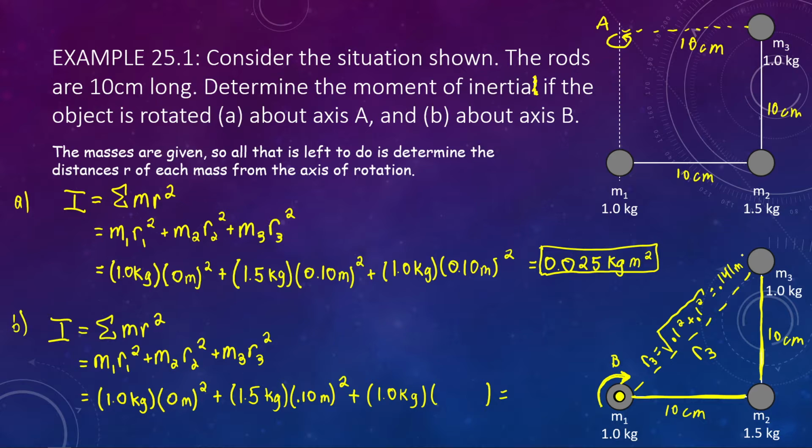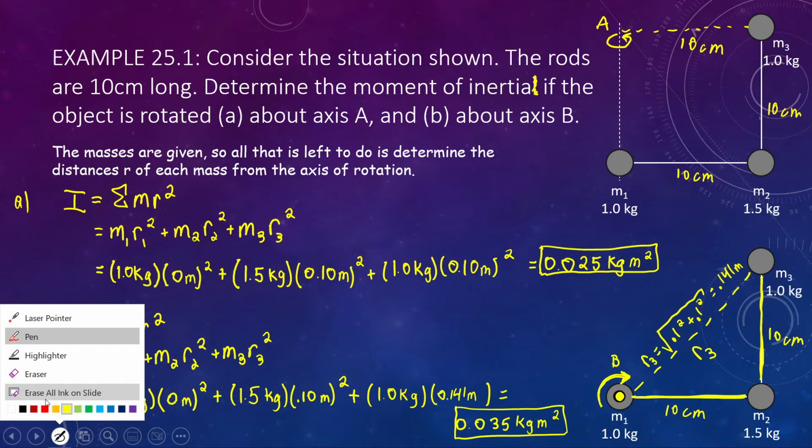So R3 is 0.141 by the Pythagorean theorem. So this will give you an overall answer of 0.035 kilogram meters squared as the answer.